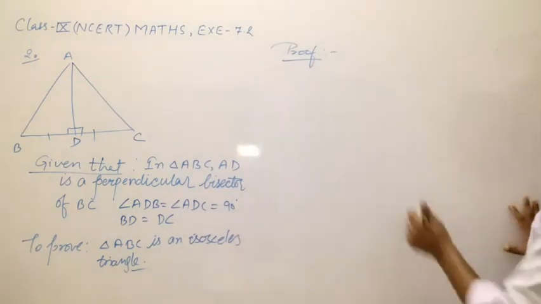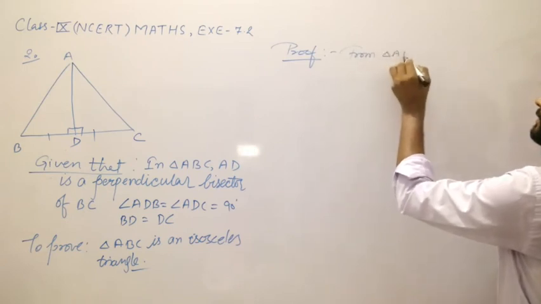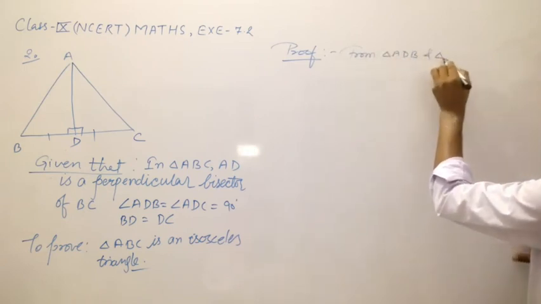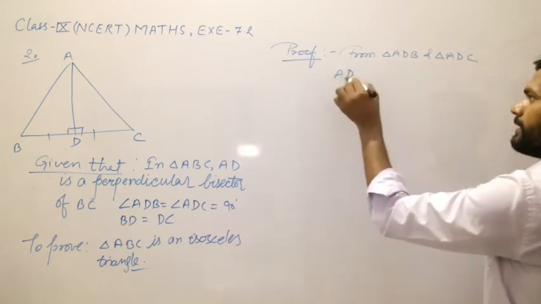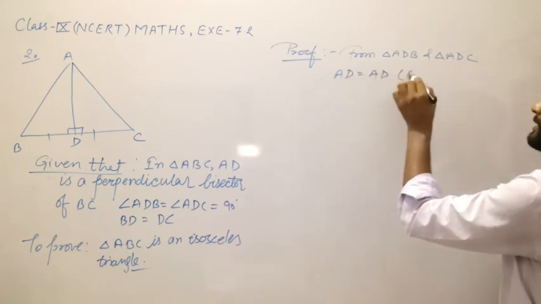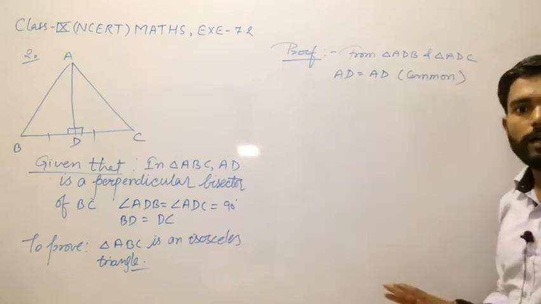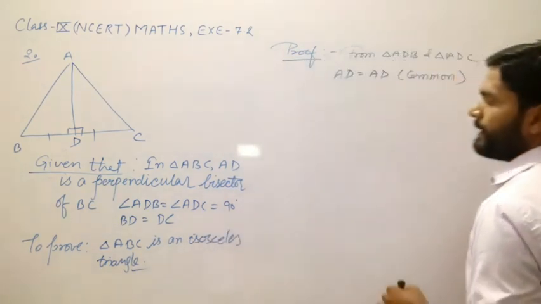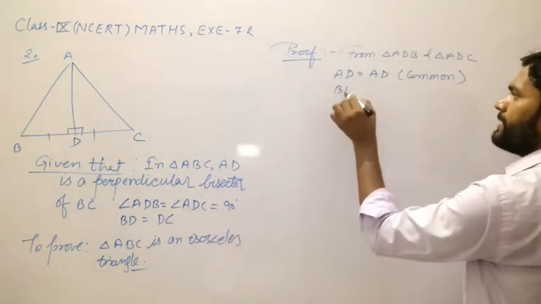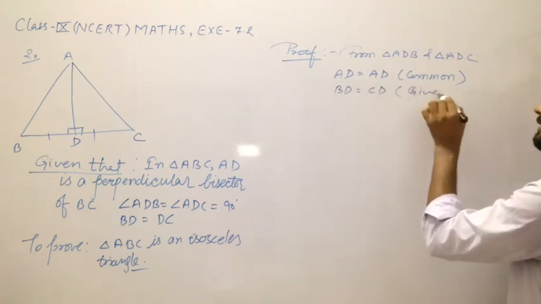So from triangle ADB and triangle ADC, AD is equal to AD because it is common in both triangles. Clear? BD is equal to CD because this is given. Where it is given?